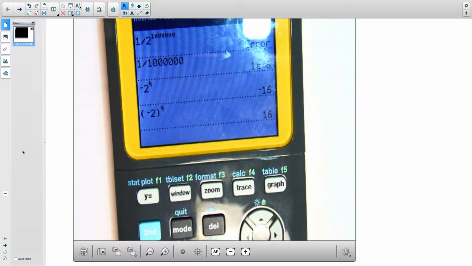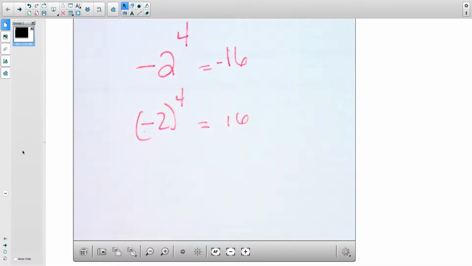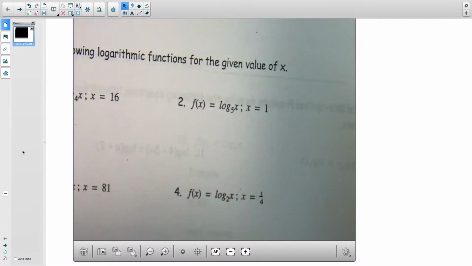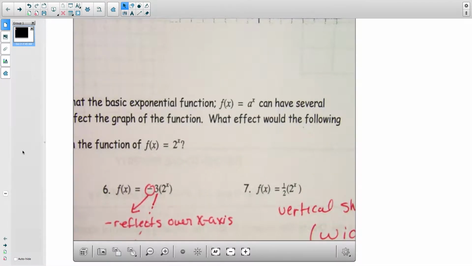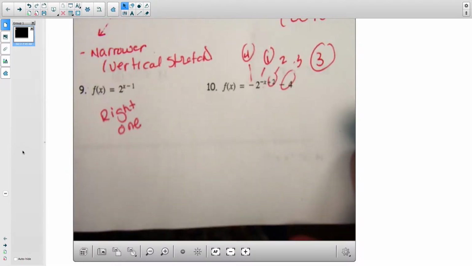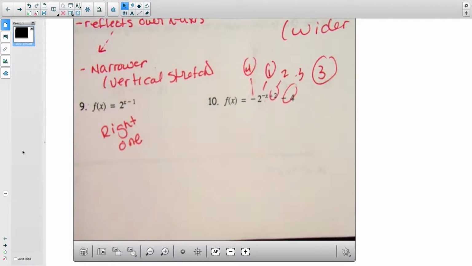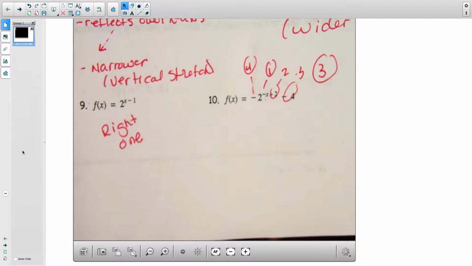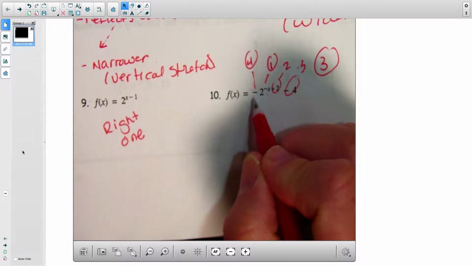If you want the negative to be included in that power, it has to be in parentheses. So for this example here, what is being raised to the negative x plus 2? Just the 2. So what does the negative out front do to a function? It flips it over the x-axis.